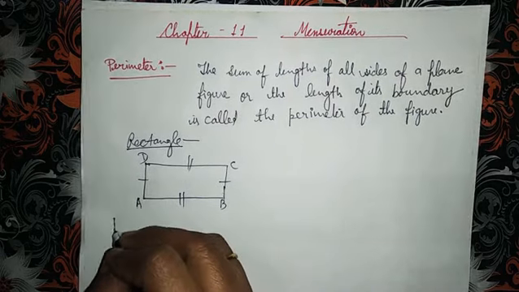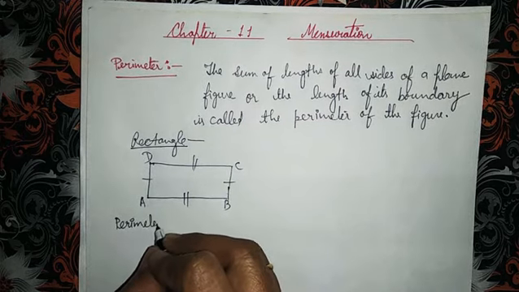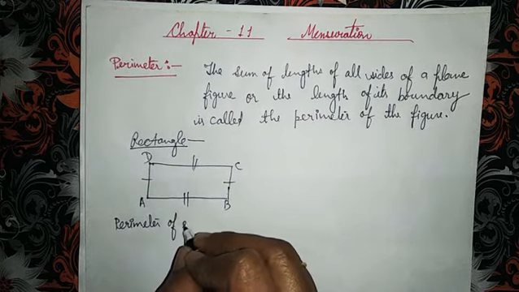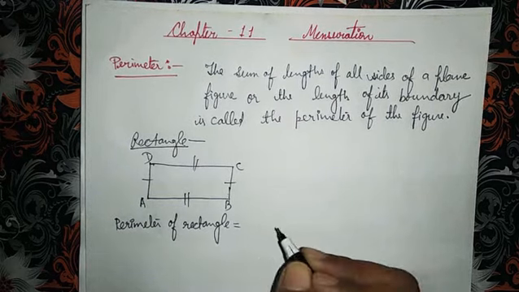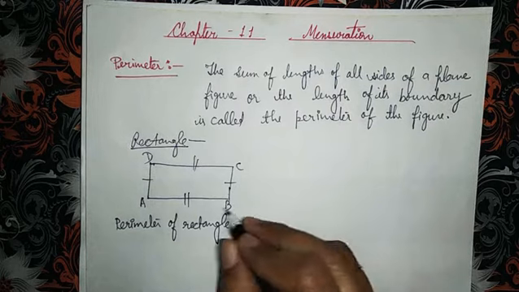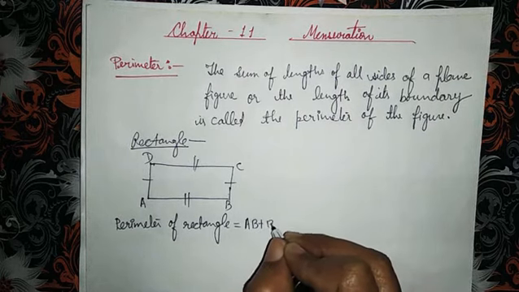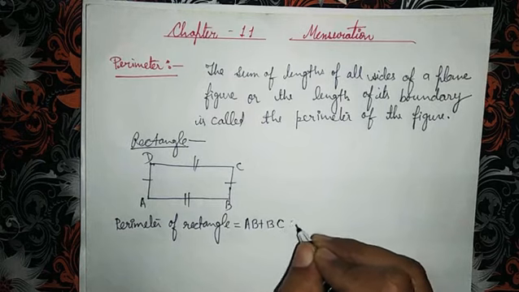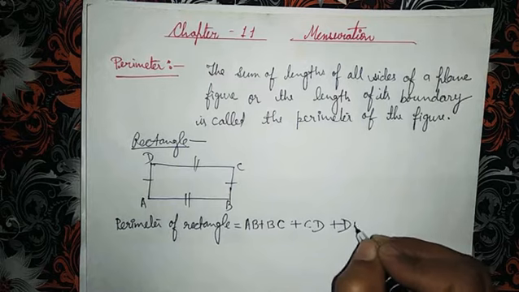So here perimeter of rectangle is equals to length of AB plus BC plus CD plus DA.